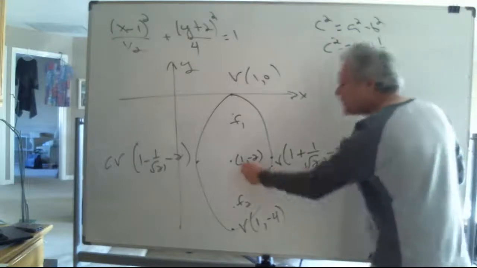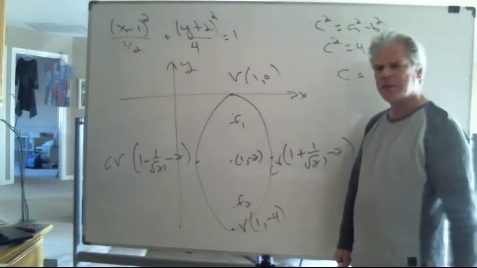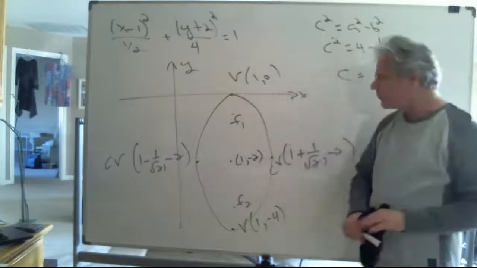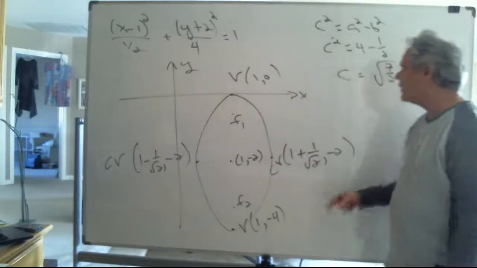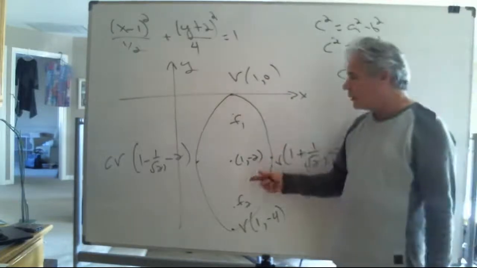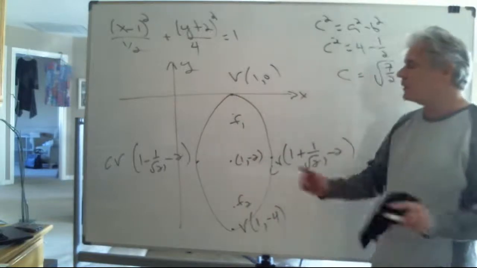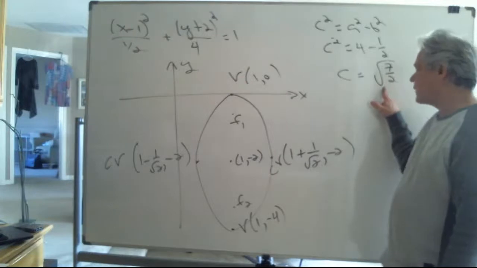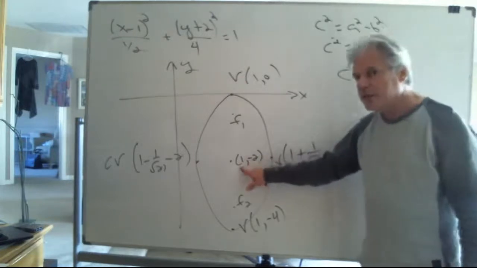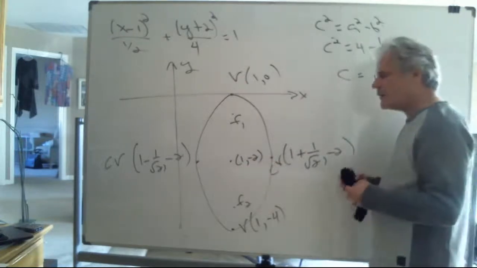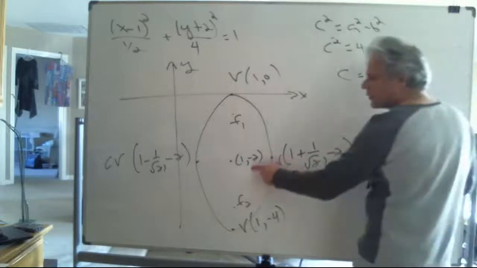I add or subtract from the x coordinate of the center. I don't know if I said that correctly. Can I scratch that? The foci are located that many units above and below the center, because I'm elongated vertically. So I would add or subtract that from the y coordinate of the center, not the x coordinate.